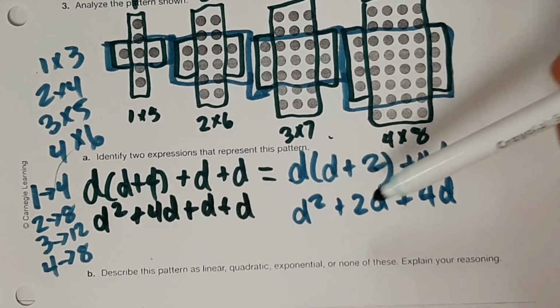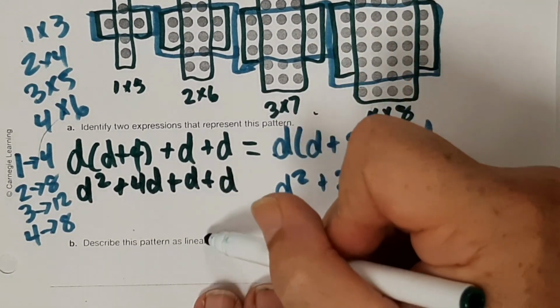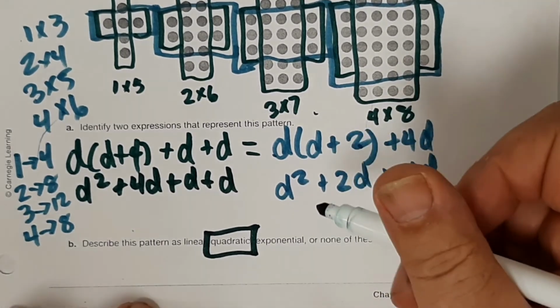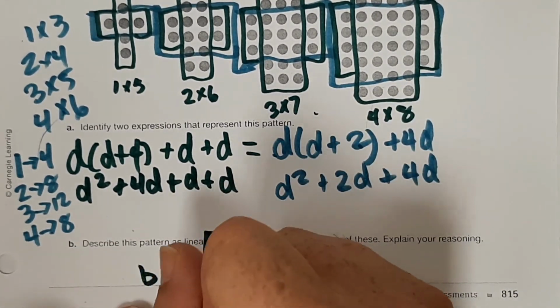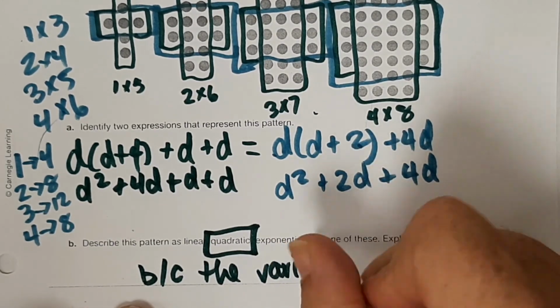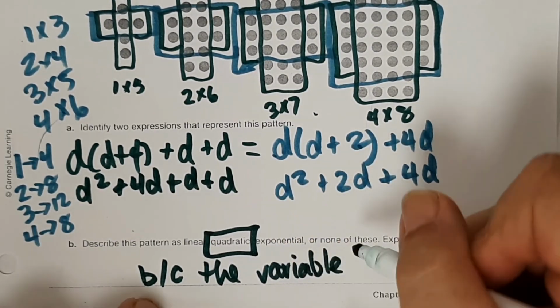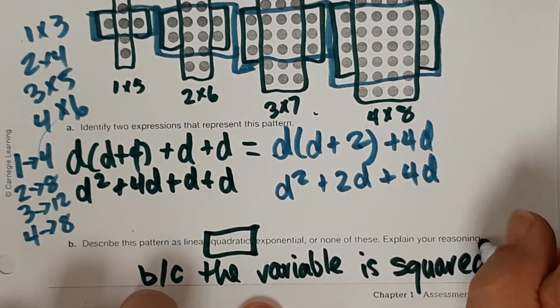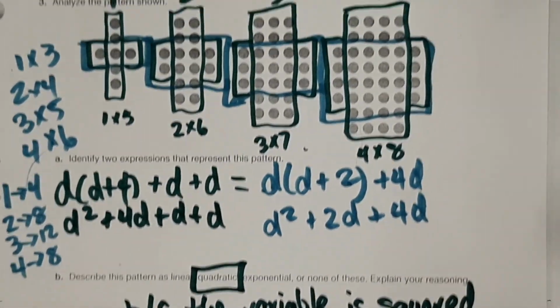Okay? So since we have a d squared, we know it's quadratic because of the square. Okay? So because the variable is squared, that would be the reason it's quadratic on this right here.